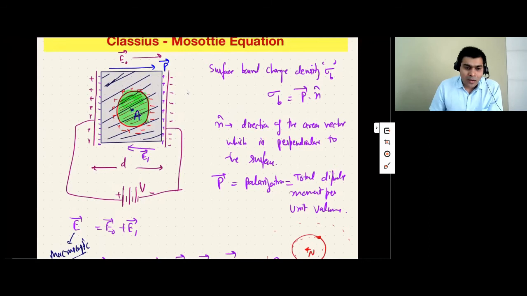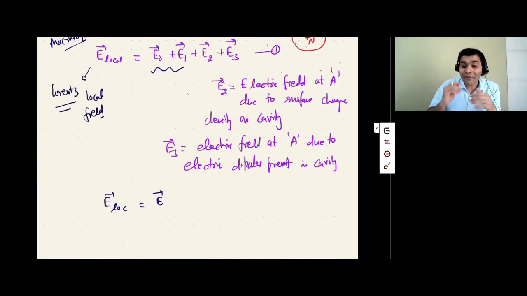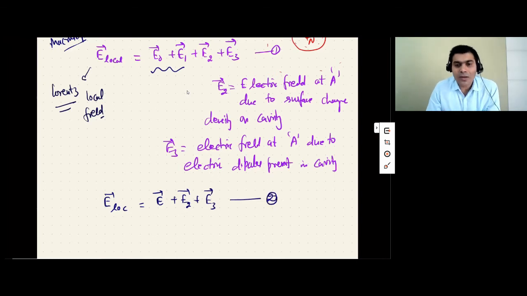But when you come to calculating the electric field at a single atom, things change drastically. Then we have to count the effect of other electric dipoles, as I said, by taking the cavity. So E0 plus E1 is E plus E2 plus E3, and we need to calculate E2 and E3 to find the local electric field.